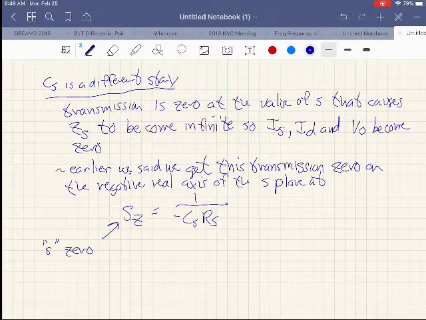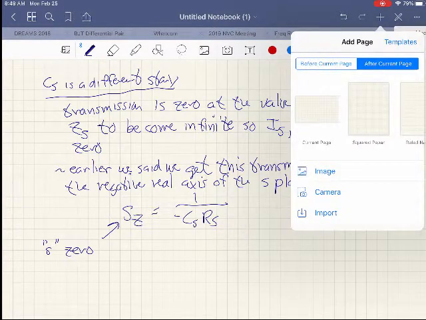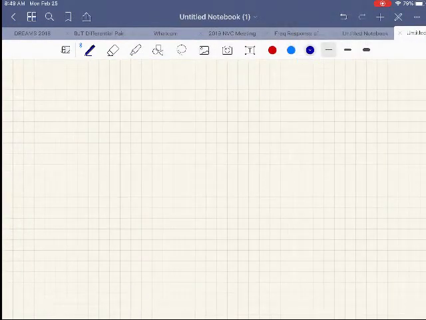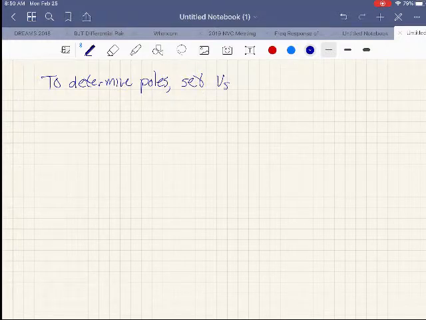So we want to take a look at these three capacitors and what's going on with each one of them. We want to look at our poles here. So I'm going to start another new page. To determine poles, set the input, V signal or V sig, whatever we've been calling it here, equal to 0.